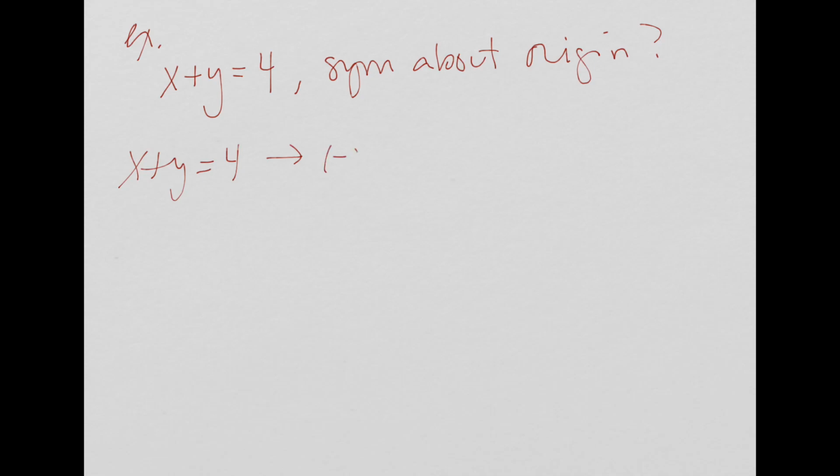I'm going to replace x with a negative x and replace y with a negative y. So there I have that. Simplify it, well, the only thing we can really simplify is negative x minus y. Now look at these two. Are they the same? So the answer there is no, they're not the same, so it's not symmetric about the origin.